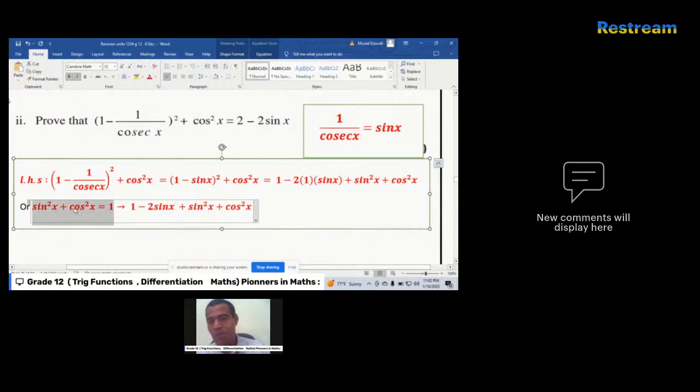I will replace cosine square plus sine square by 1, so it will be plus 1. Therefore, learners, you can complete evaluating this: 1 plus 1 is 2, so 2 minus 2 sine x, and I finished the question.